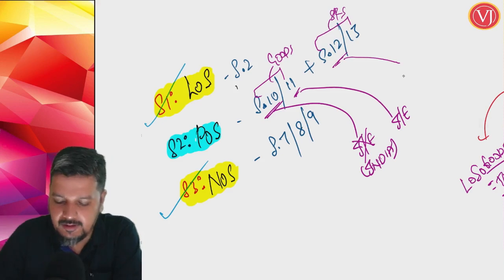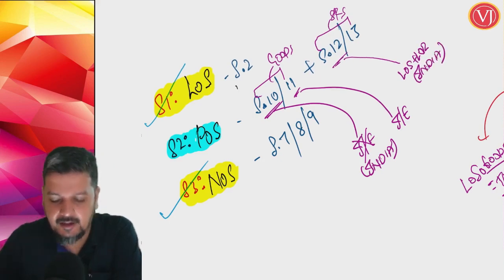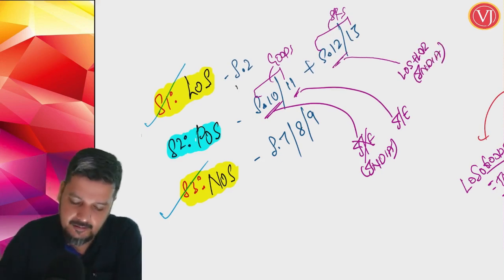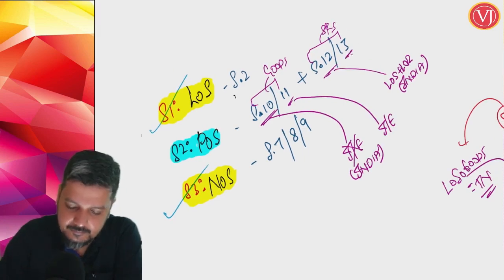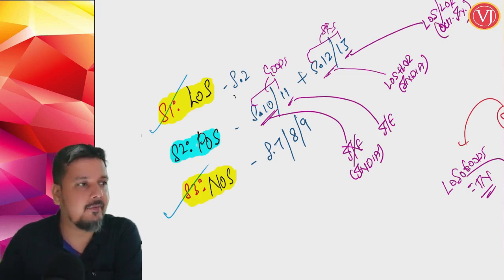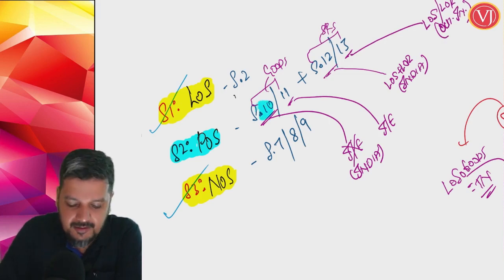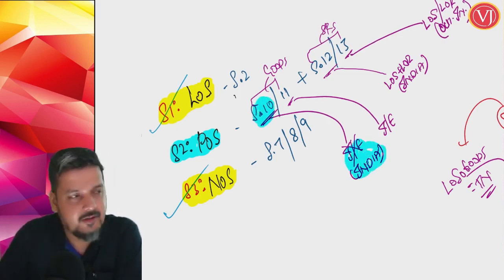Section 12 talks about, again, within India: LOS and LOR are both in India. Section 13: either LOS or LOR is outside India. In simple language, domestic transaction of goods is discussed in section 10.